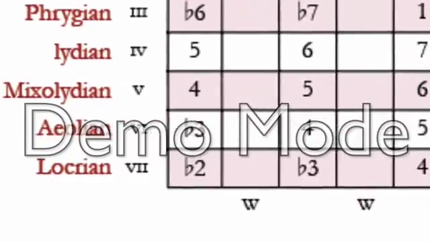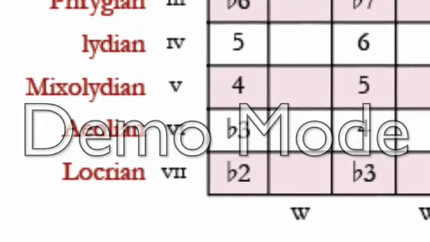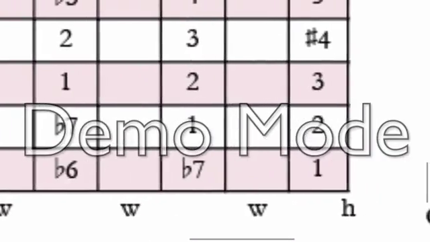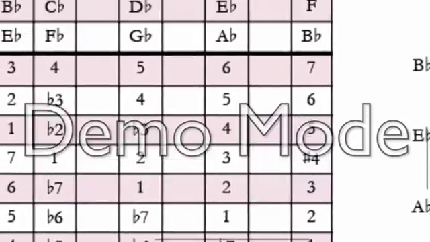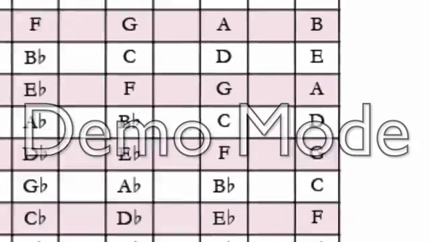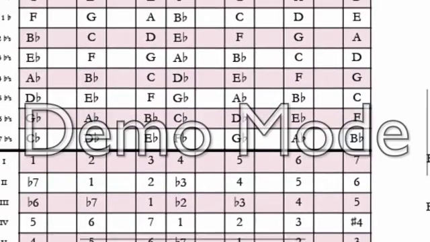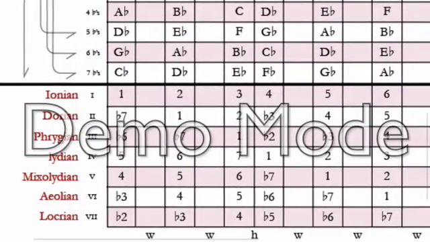Or if you want to be in C Aeolian, find the mode, move to the right till you find the first degree, move upwards in that column, and you'll find C, D, and you go back to the left side again to get your E flat, F, G, A flat, and B flat. And that would be your C Aeolian.